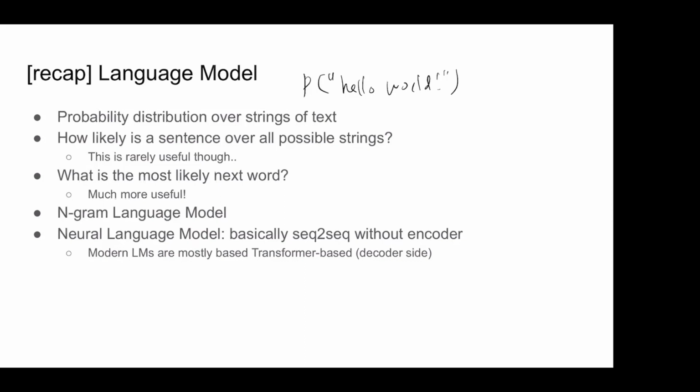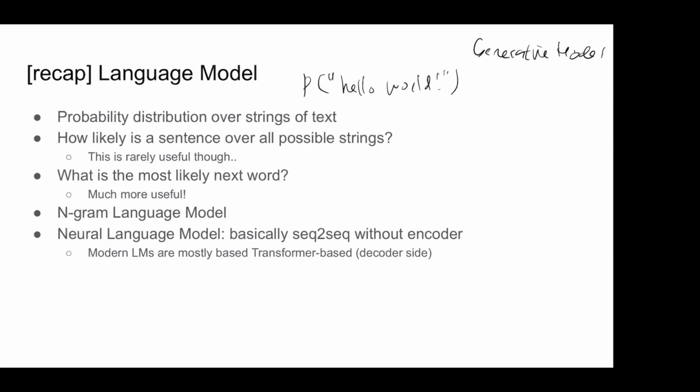And that's exactly the definition of a generative model. A generative model has a very narrow definition: it has to be able to compute the probability of all possible text.